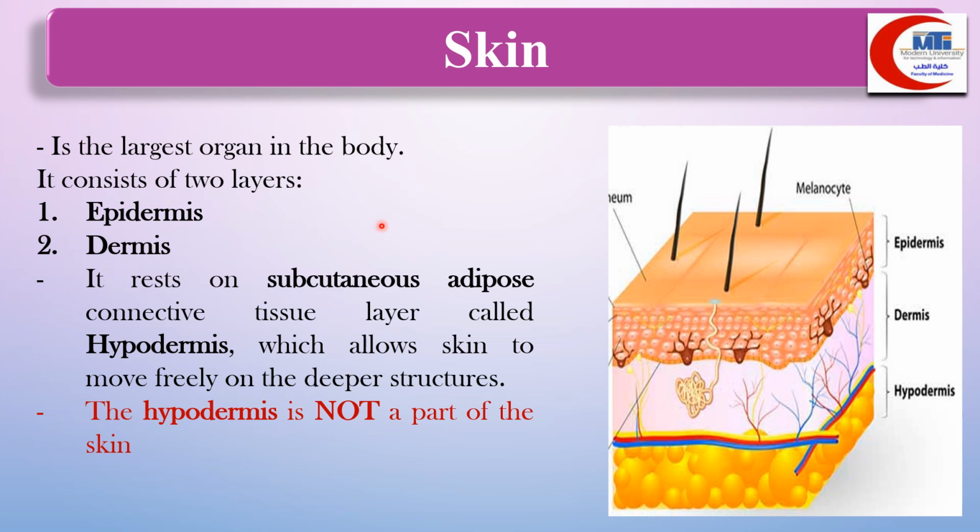The skin rests on a subcutaneous adipose connective tissue layer called the hypodermis, which allows skin to move freely on the deeper structures. The hypodermis is not a part of the skin.